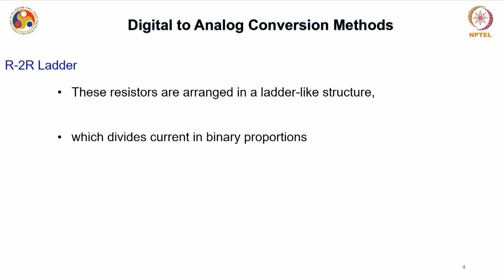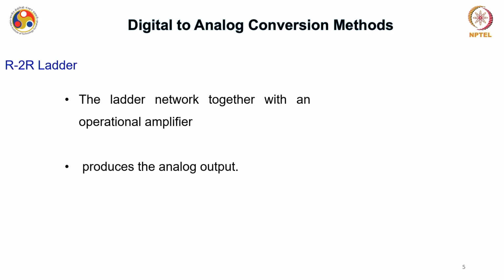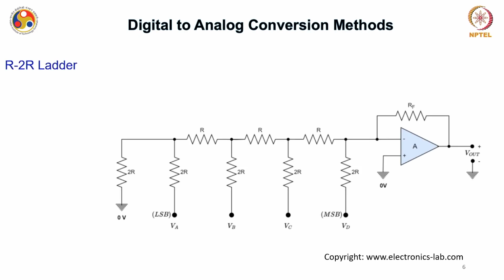These resistors R and 2R are arranged in a ladder-like structure which divides current in binary proportion, and that's why the name ladder has been given. The ladder network together with an operational amplifier produces the required analog output. Now have a look at a basic R-2R ladder circuit. Here I have a 4-bit DAC.